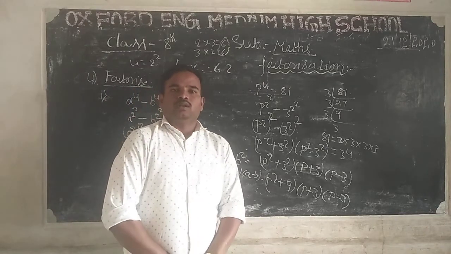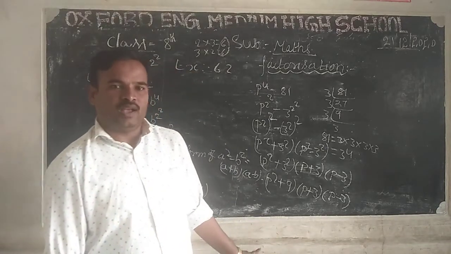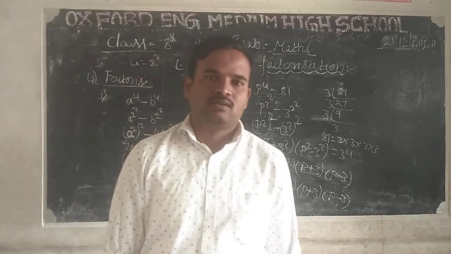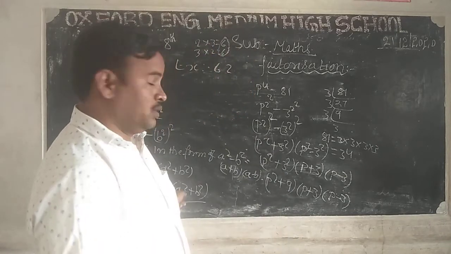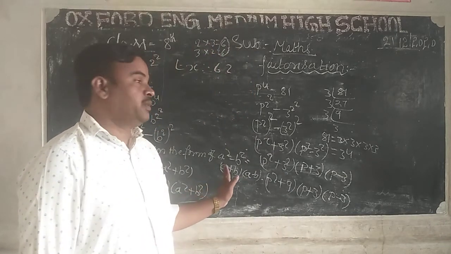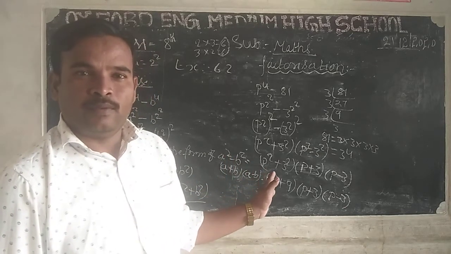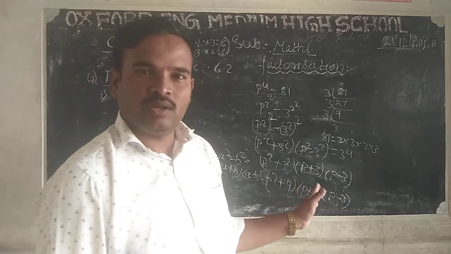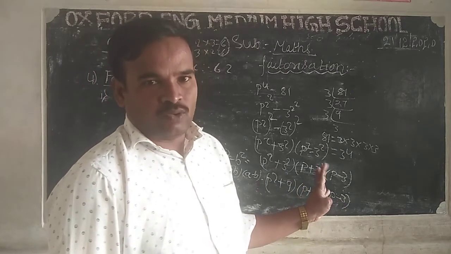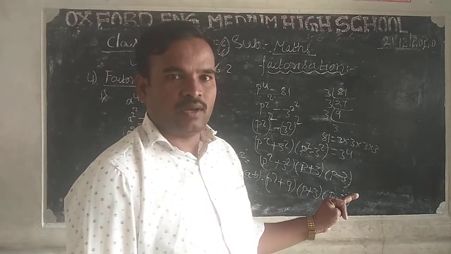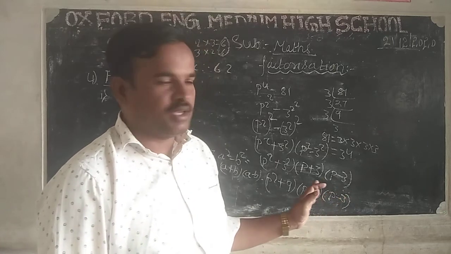Dear students, I hope you understood all the sums, third main and fourth main, in this video class. In this main we have completed all three identities: a plus b whole square, a minus b whole square, and a square minus b square.